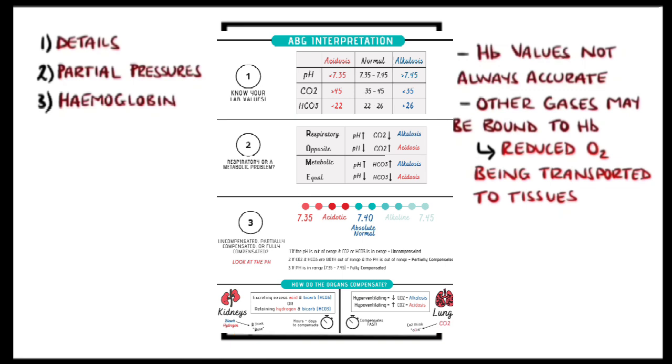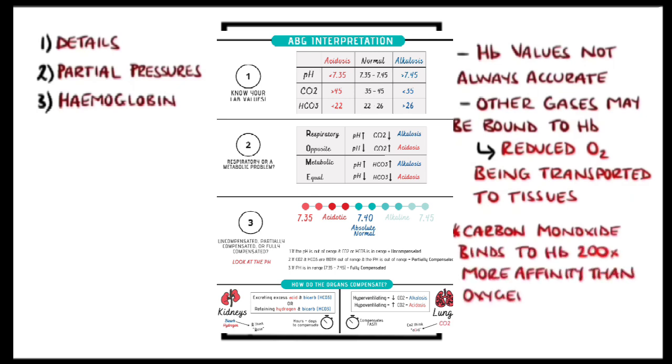Bicarbonate is an ion in the blood that mops up hydrogen ions, so more bicarbonate means less hydrogen ions and so less acidity. Based on the pH, the partial pressure of CO2 and the bicarbonate level, we can determine whether a primary respiratory or metabolic cause is suspected.